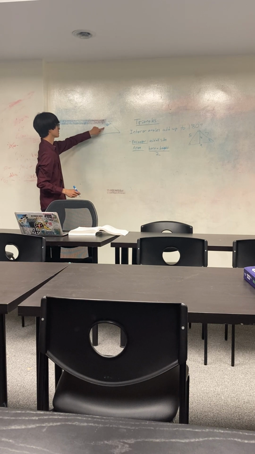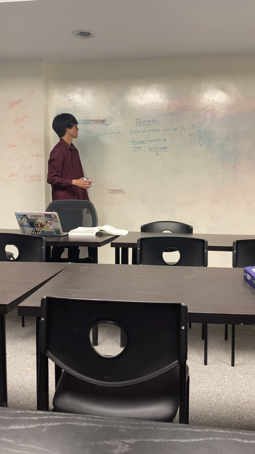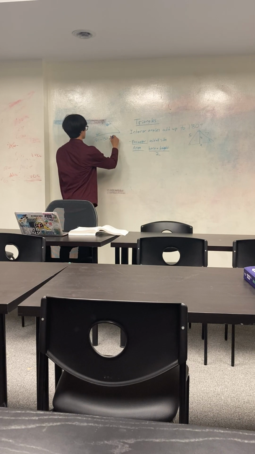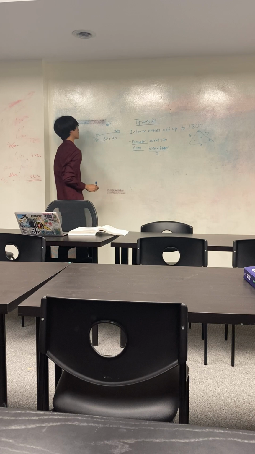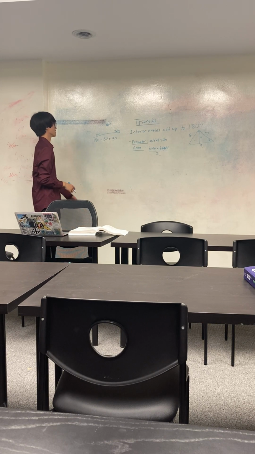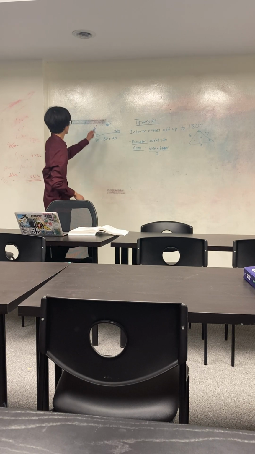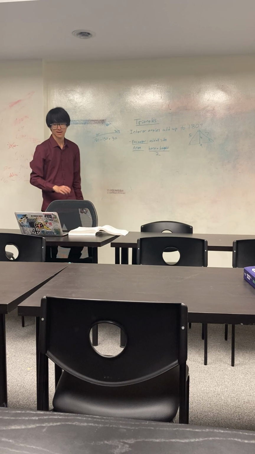So we have 100 plus 50, which is 150. We take 180 minus 150, and that gives us 30. So our missing angle is 30. That's another thing you gotta know how to do: find missing angles of a triangle. You add the ones you know, subtract that from 180, and you'll get your missing angle.